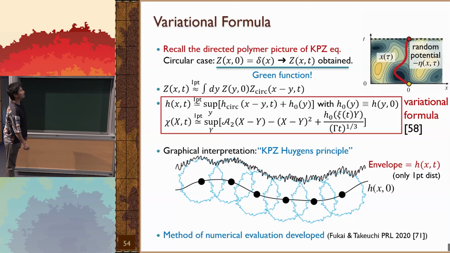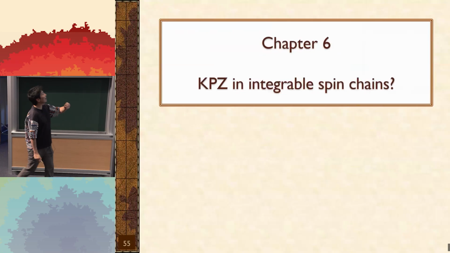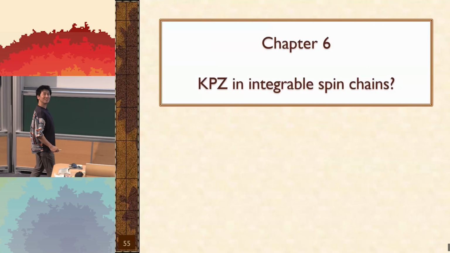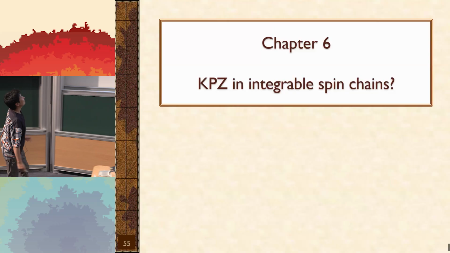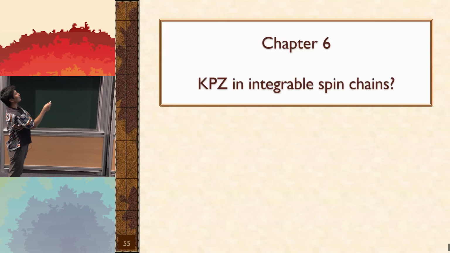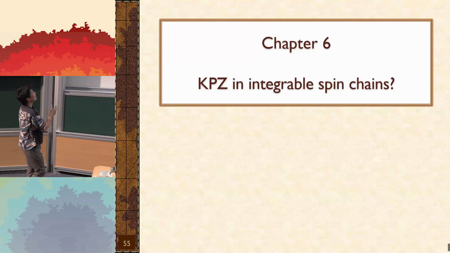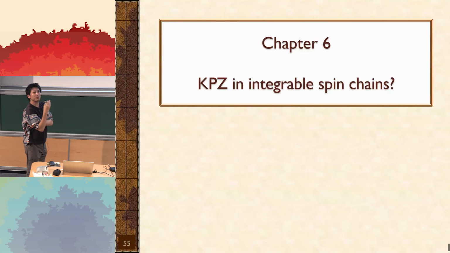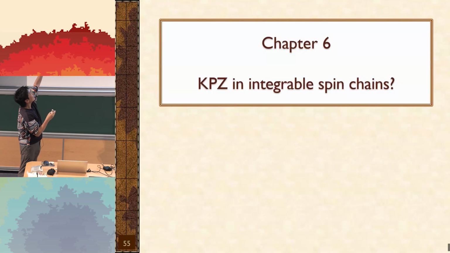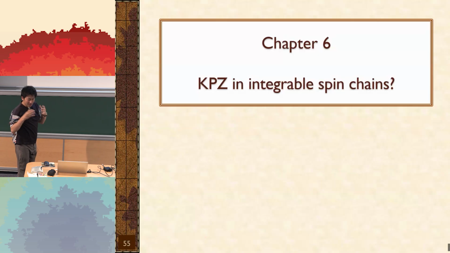Okay, so probably I have only a few minutes left. So I don't think I can fully explain this last chapter, which was kind of expected. But I just want to give a few words about what I wanted to tell in this chapter. So the world of the KPZ class is expanding.